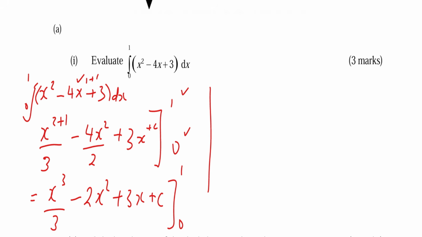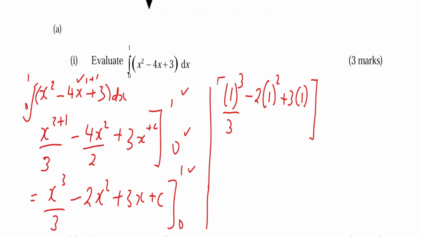Now we need to evaluate this between the range of x equal to 0 and 1. So let's start with the 1. Where x is equal to 1, you substitute the x values with 1. So 1 cubed divided by 3 minus 2 times 1 squared plus 3 times 1. Then minus, use the 0 now.